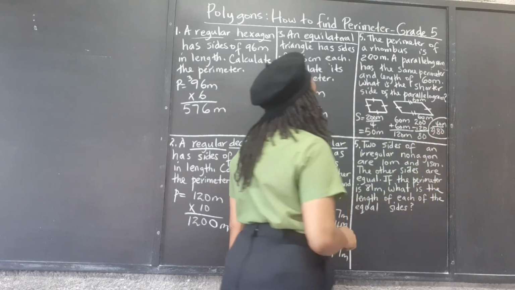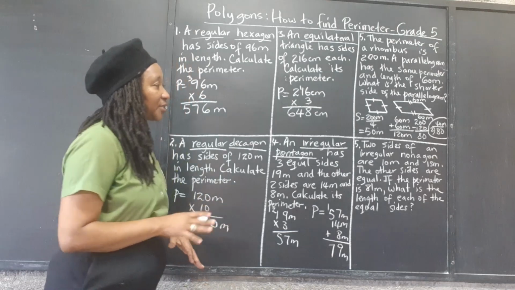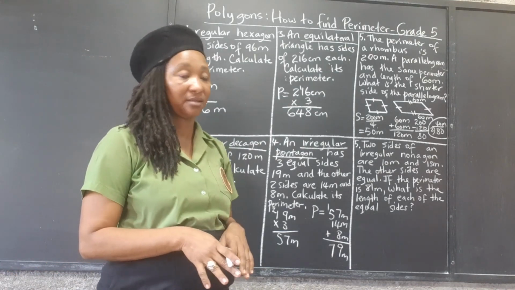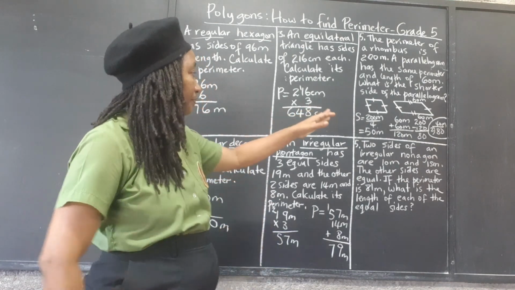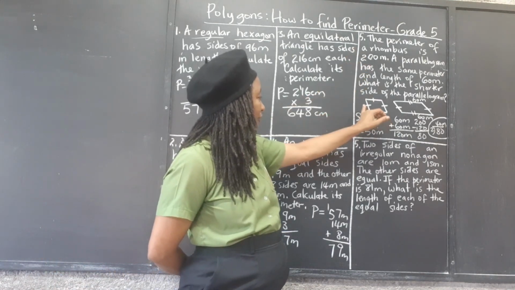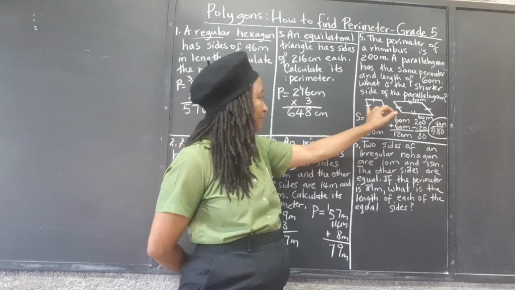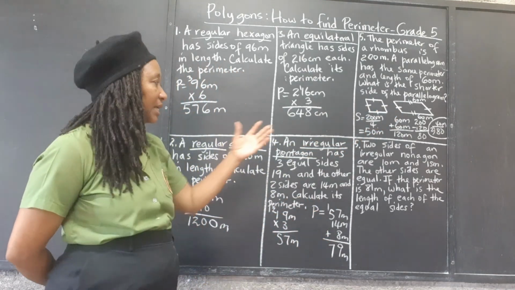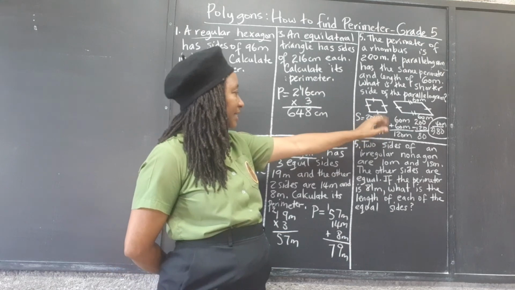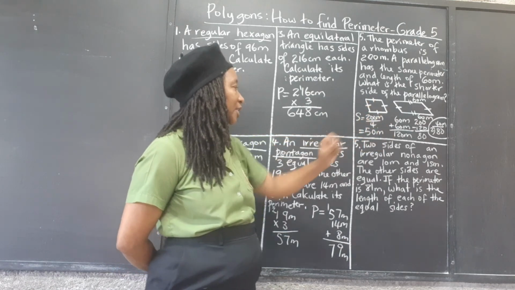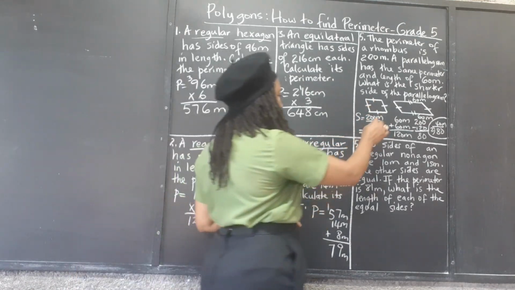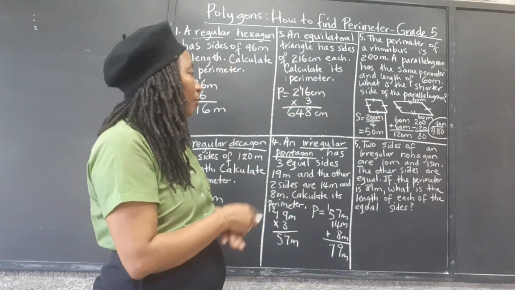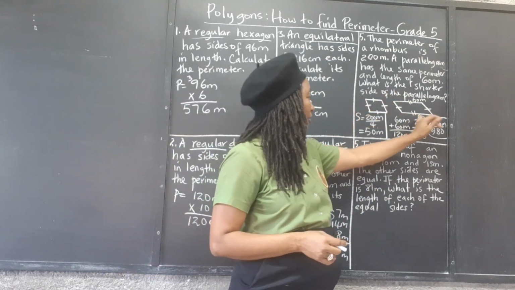Since we are told the parallelogram has the same perimeter as the rhombus, a perimeter of 200 meters, if we had been asked to find the side of the rhombus, this is how we would have found it, since it's 4 equal sides. But actually, we don't need to know the side. We know that the distance around the parallelogram is 200.